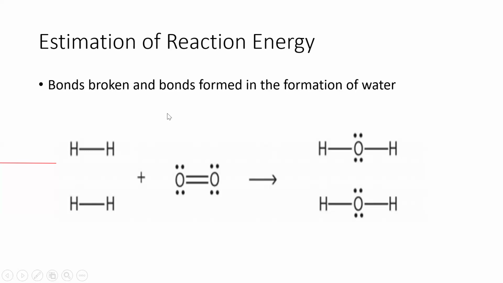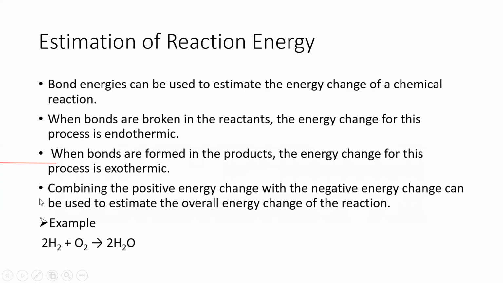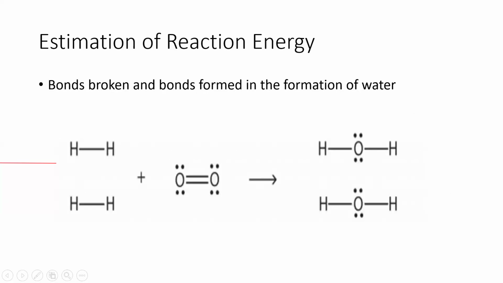Bonds broken and then bonds formed in the formation of water. All right. So let's go back there. You have 2 moles of hydrogen and 1 mole of oxygen giving us 2 moles of what? Water. All right. So here, the hydrogen, 2 moles, 1 mole and 1 mole. And the oxygen too is just 1 mole.